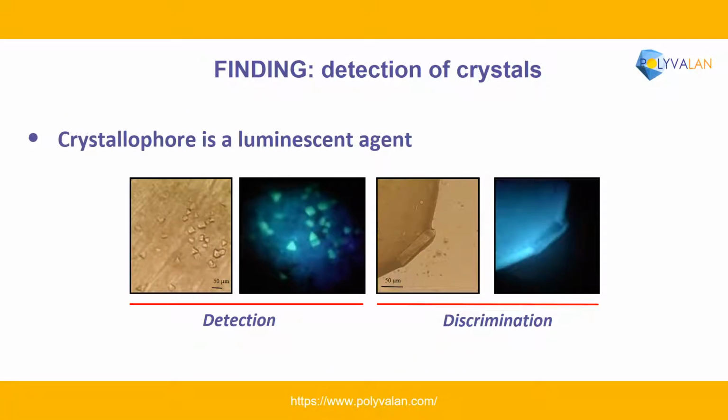Under UV light, Crystallophore emits a green light that can be useful to detect crystals within drops and to discriminate between protein crystals and salt crystals, for example.